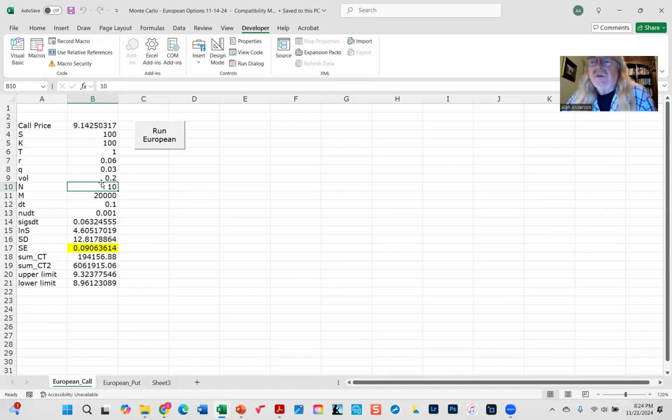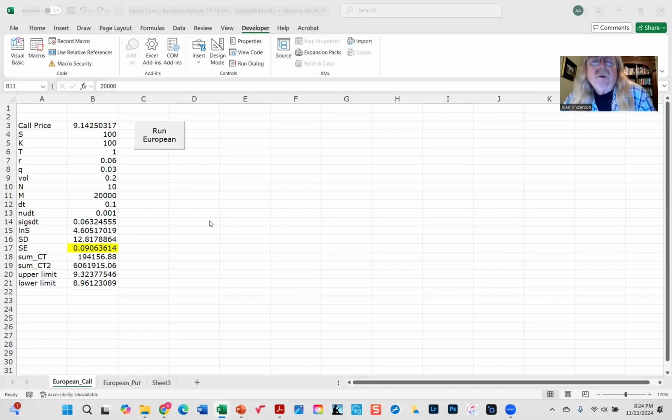This is the one that really determines the final results: the number of paths. If we keep increasing the number of paths, the standard deviation keeps shrinking, and therefore the confidence interval gets tighter, and so we get closer and closer to our target, which is to replicate the Black-Scholes price.